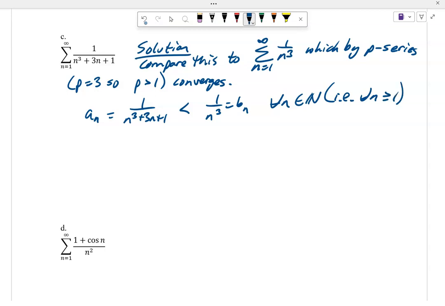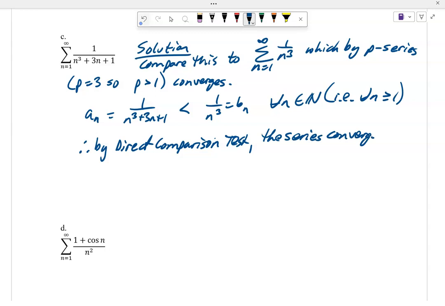Therefore, since the larger one converges, we know the smaller one must also converge. And so therefore, by the direct comparison test, the series converges as well.